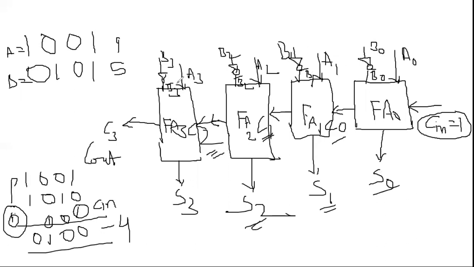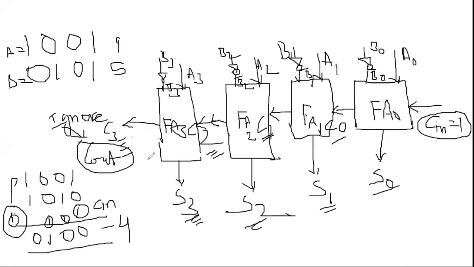The last full adder takes A3, B3 bar and C2, and it gets S3 and C3, or C out. Okay, my dear students, in this, whatever carry we got as C out, we are ignoring it. The carry is ignored in the subtraction operation.